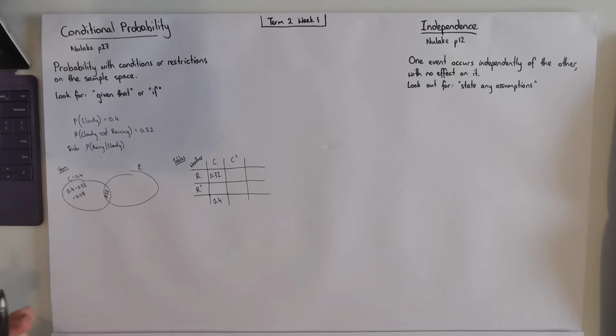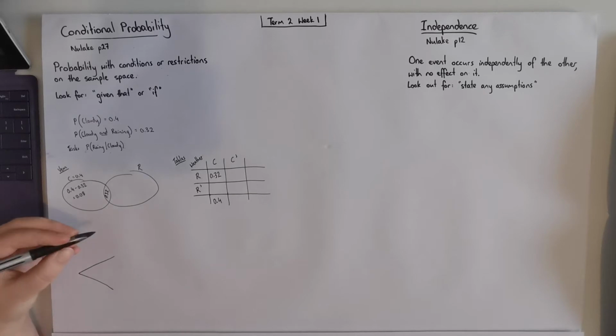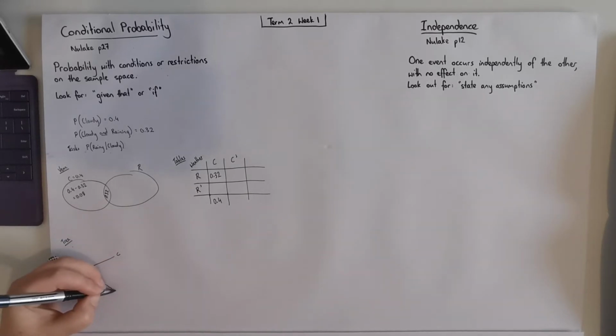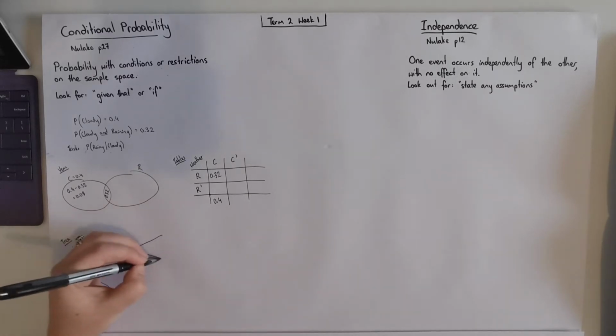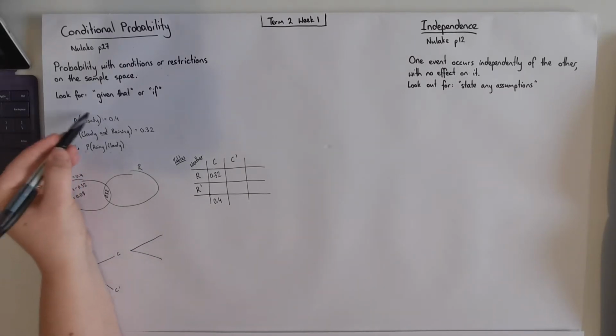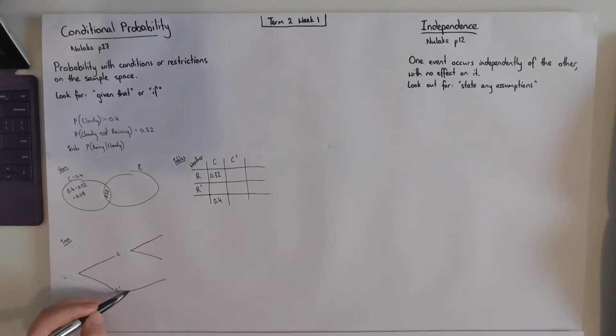Okay, final diagram we could do, of course, is a tree diagram. Conditional probability on a tree diagram can sometimes be very simple and can sometimes be quite a challenge, depending on how it's ordered. Of course, the first information that we were given was that something was cloudy.